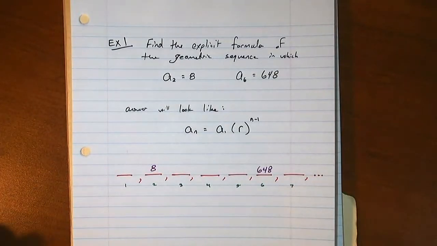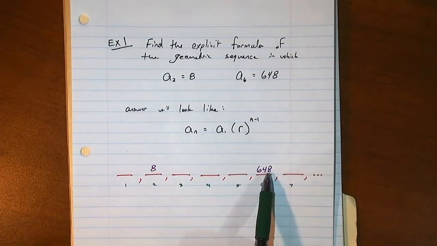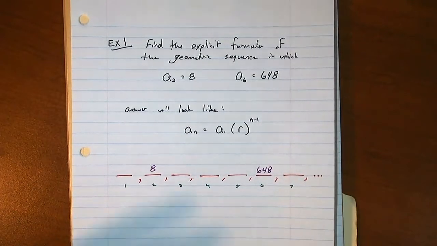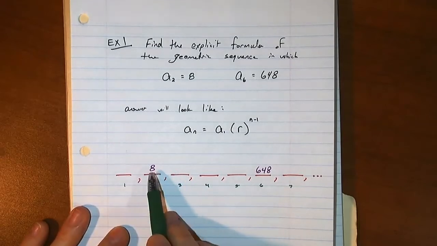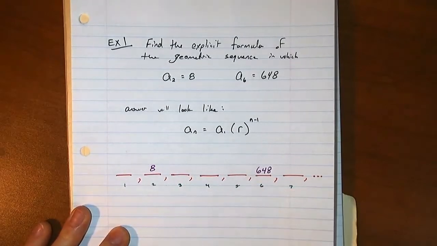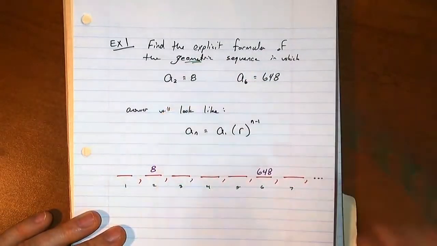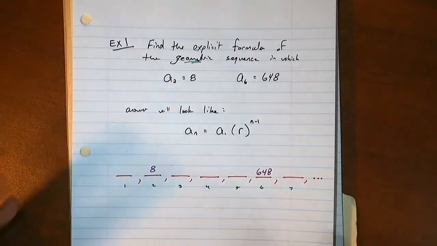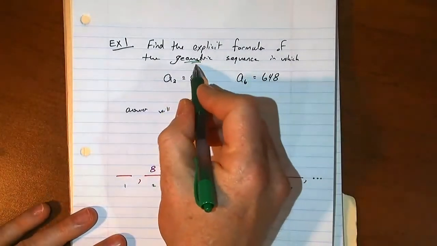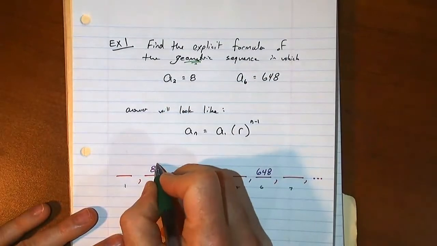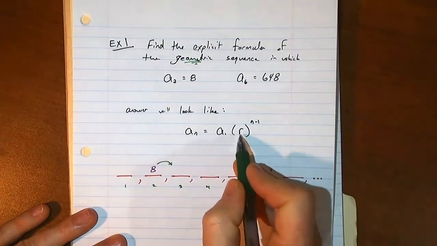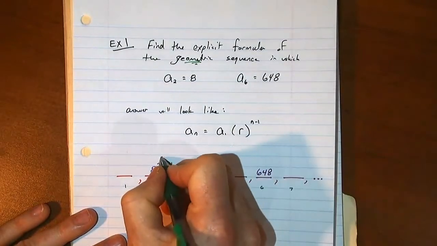All right, so let's think about what's happening. One thing that I see is my numbers are getting bigger. So that tells me I must be multiplying by something that's bigger than 1, right? Because if I was multiplying by like a half, my numbers would be getting smaller, not bigger. So I also know, because it's geometric, that I'm multiplying. I guess maybe that's the important place to start. Because it's geometric, I know that I'm multiplying by some constant that I'm calling r.